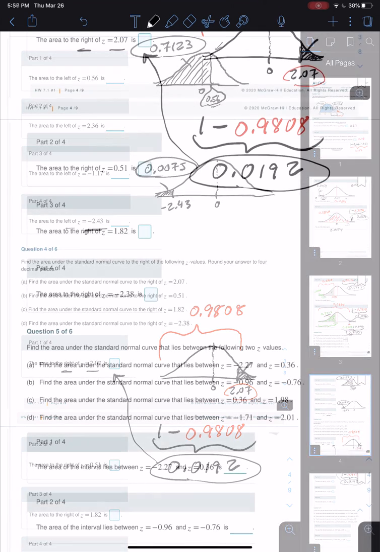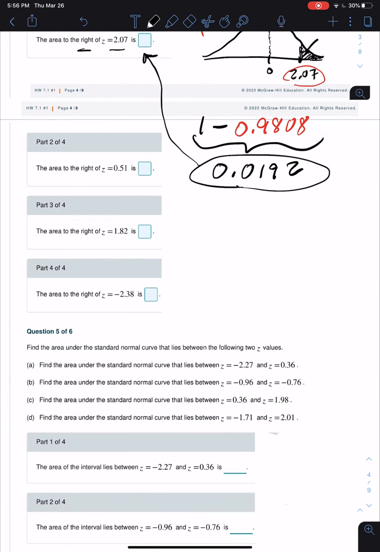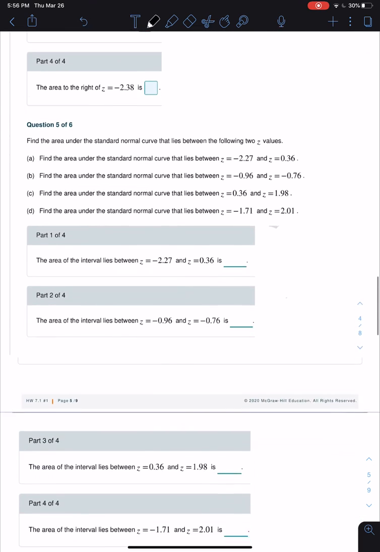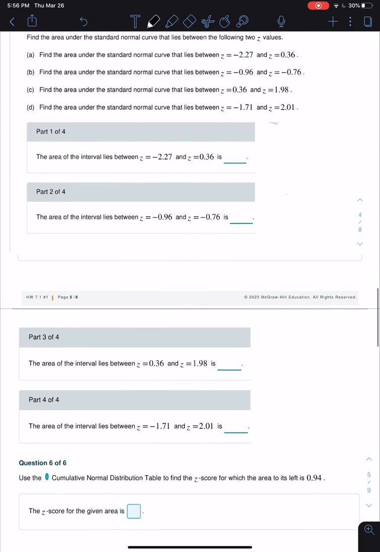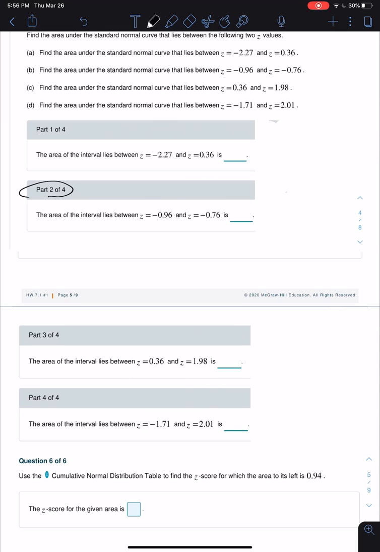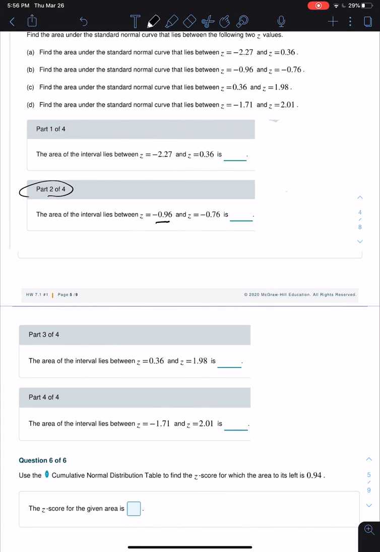Okay. So here we're ready for number 5. Let's do part 2, since I have a little bit of space to work here. And once again, picture. So it says the area of the interval lies between these z-scores. And notice these two z-scores are negative, which means both numbers are going to be to the left of the mean of 0. So it's going to get a little tight on my drawing, so I'm probably not going to draw it to scale.